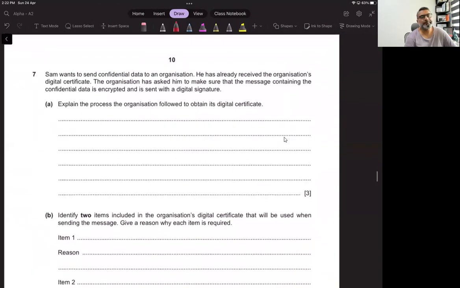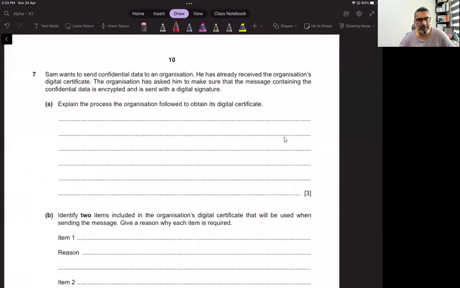Question number 7. Sam wants to send confidential data to an organization. He has already received the organization's digital certificate. Wonderful. So he has the public key of that organization. The organization has asked him to make sure that the message containing the confidential data is encrypted and it is sent with a digital signature.